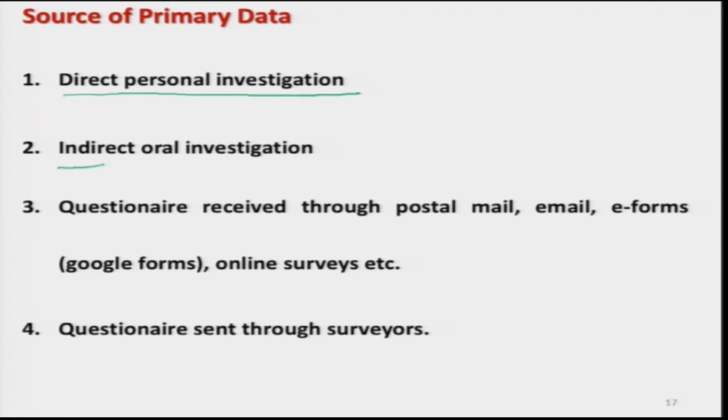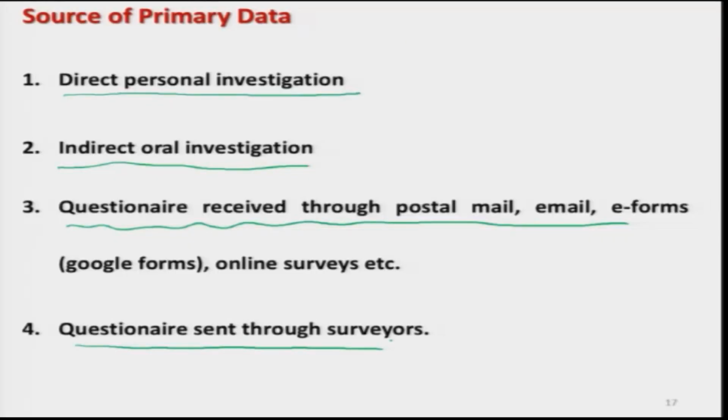The second is indirect or oral investigation, where the person asks different types of questions, and based on that tries to make a judgment about the numerical value of the variable. The third popular option is questionnaires sent through postal mail, email, or e-forms, like Google Forms, which are very popular nowadays, and through online surveys. There are websites which help us in conducting a survey, and they also give us primary data.